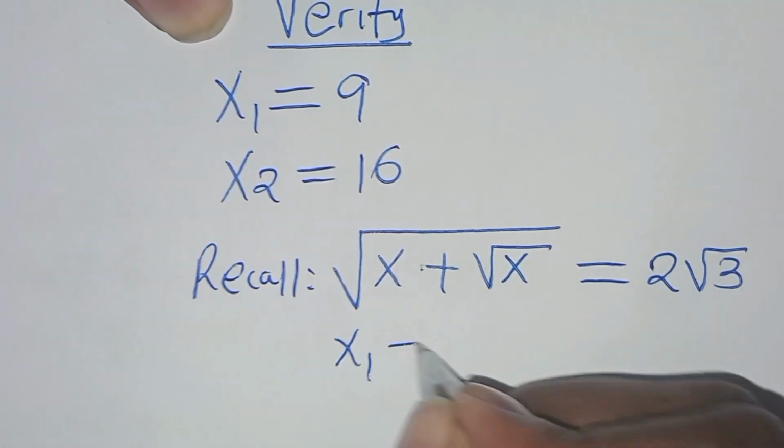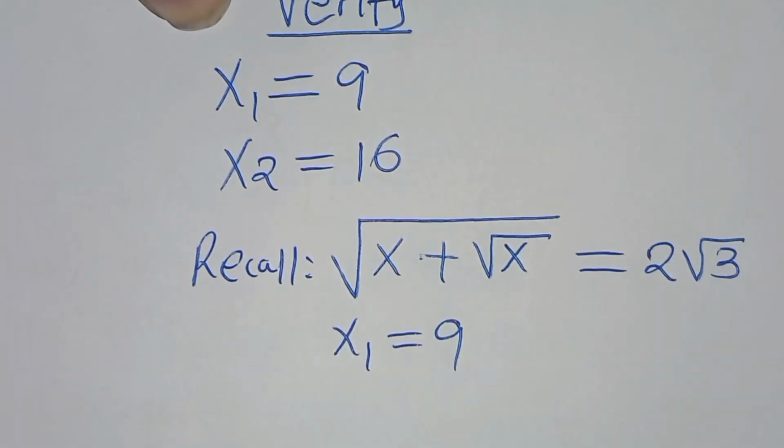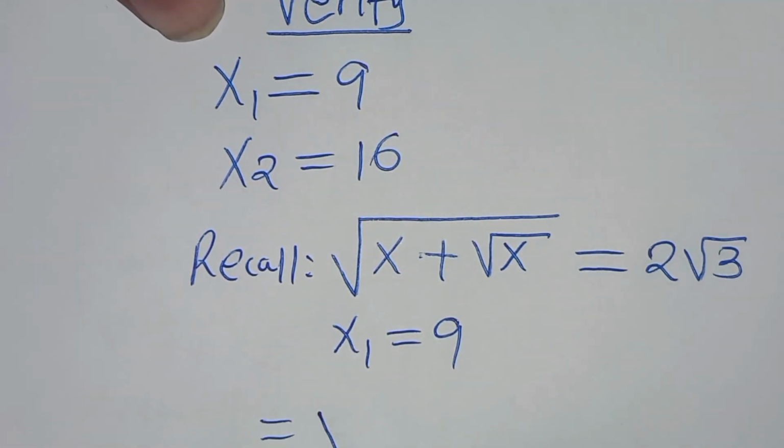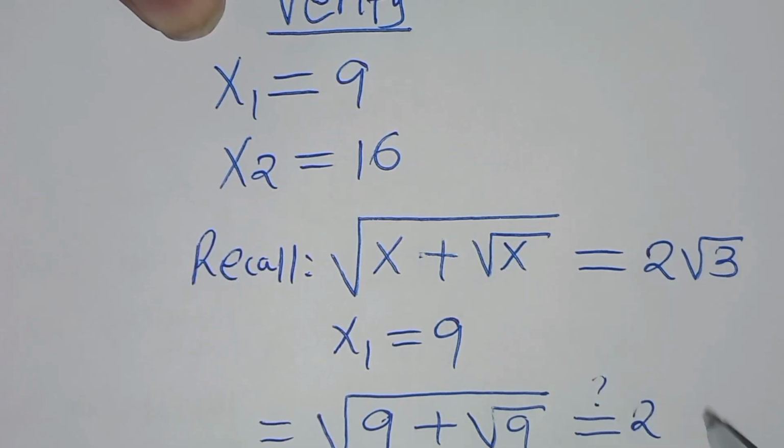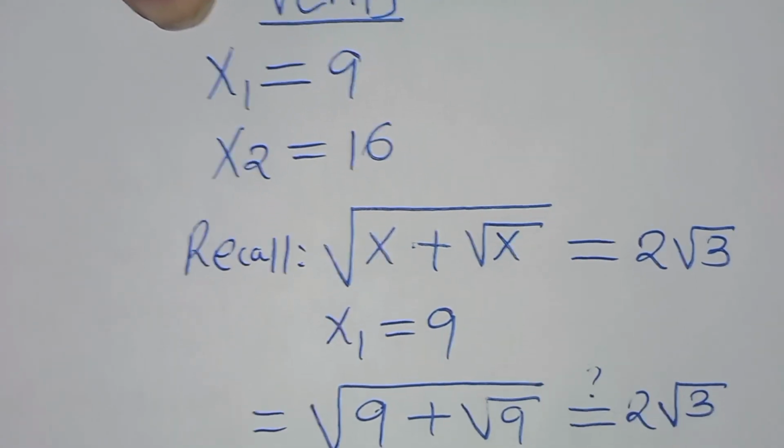Substituting x1, which is equal to 9 in this case, we have square root of 9 plus square root of 9. This is supposed to give us a value of 2 square root of 3.